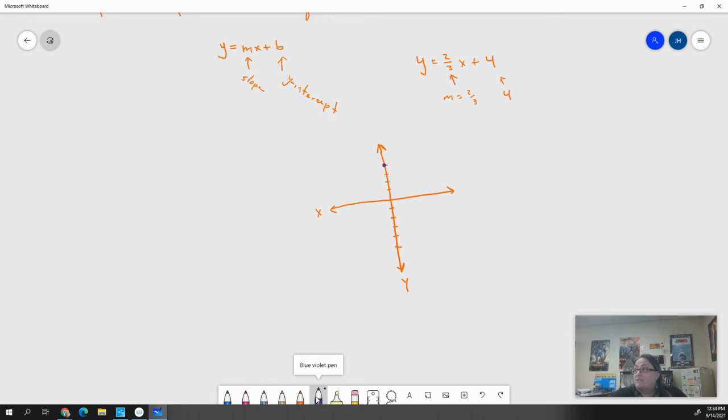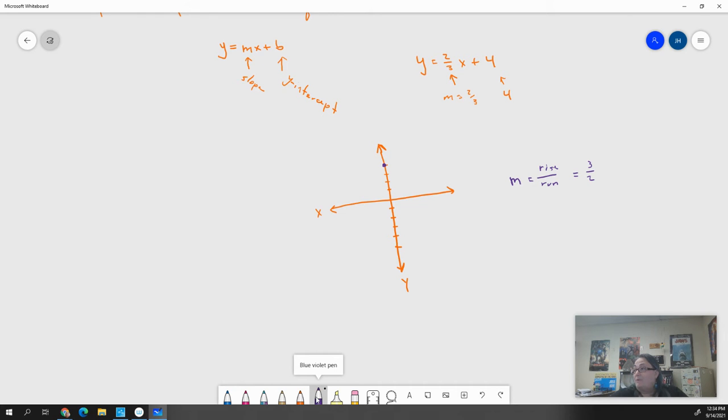And from that slope, from my m, I don't know if you guys remember this, but it equals our rise over our run, right? So with 2/3, I can go up 2 and over 3.